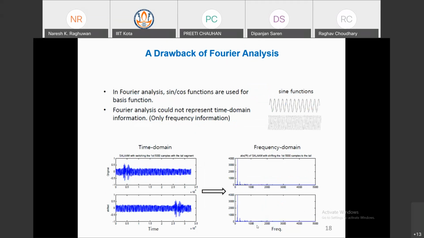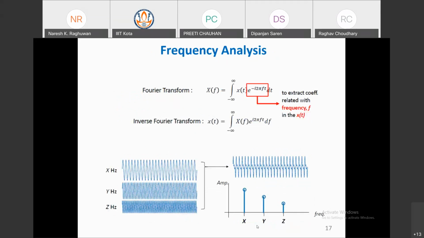Drawback of Fourier analysis. In the Fourier analysis, this is the amplitude on the vertical axis and the frequency on the horizontal axis.